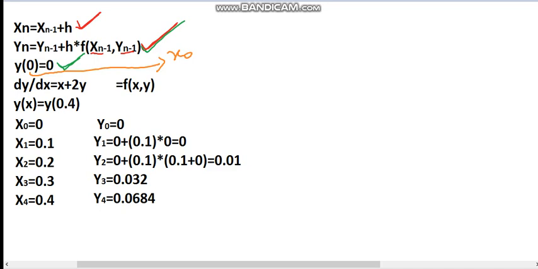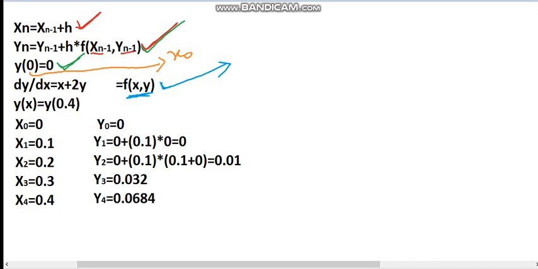That is the initial condition, and you are given this differential equation, dy by dx equal to x plus 2y, which we have labeled as f of x y in terms of a function. So f of x y equals dy by dx, which equals x plus 2y.